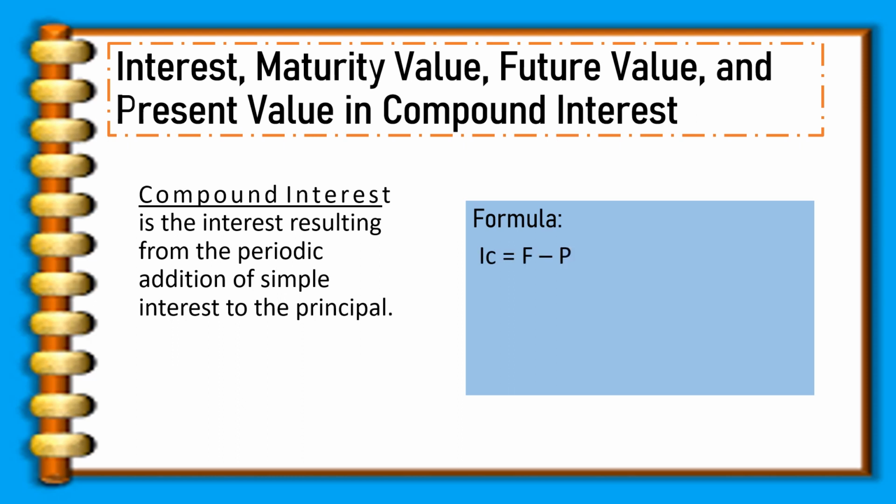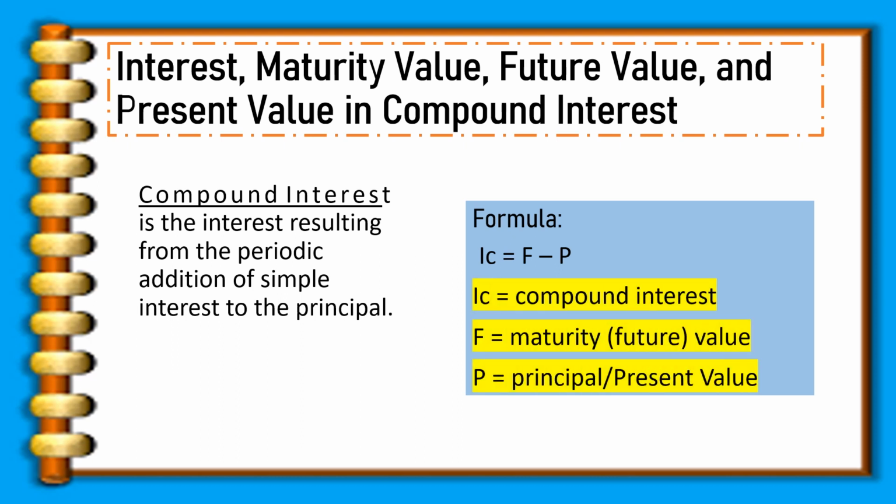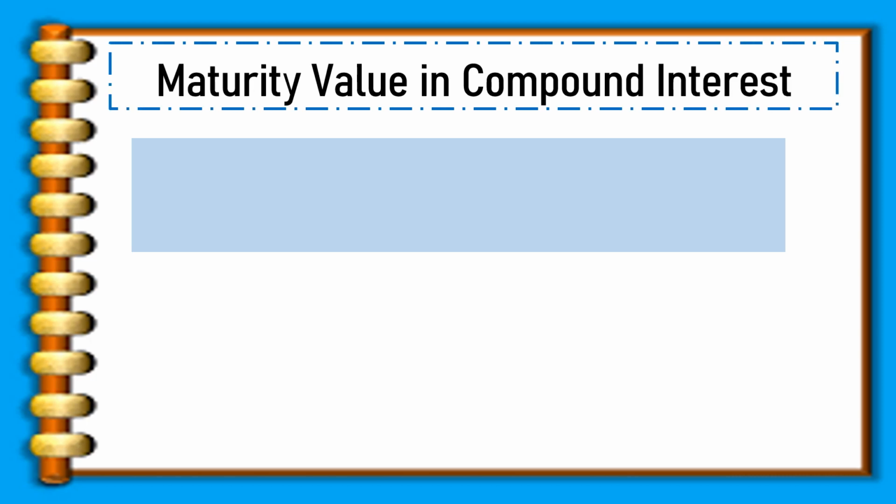It is denoted by I sub C equals F, for future value or maturity value, minus P, the present value or the principal amount. Let us now learn how to find the maturity value in compound interest.